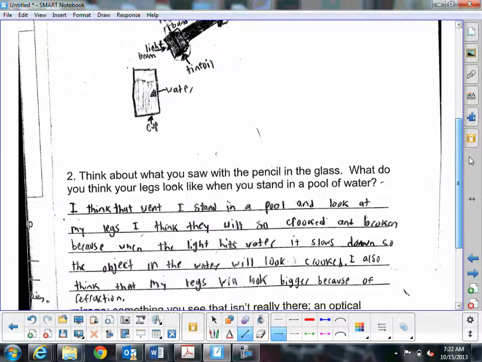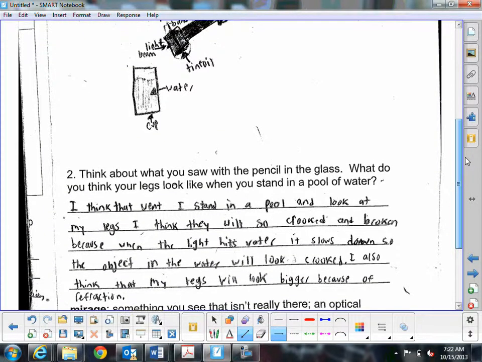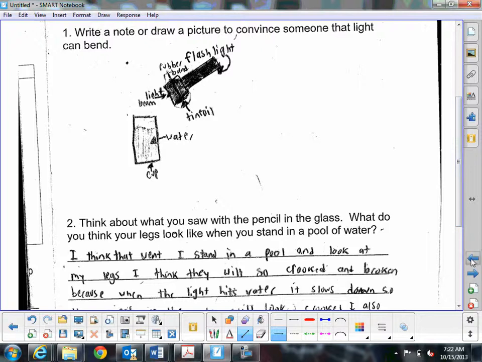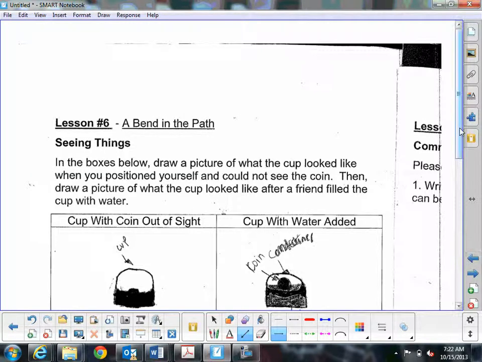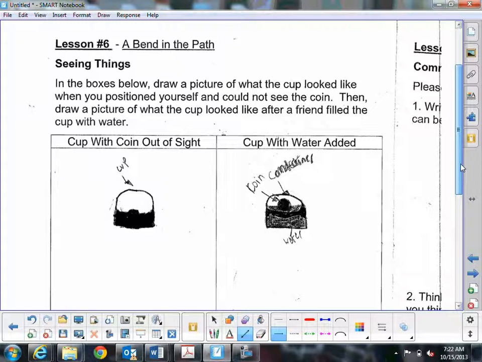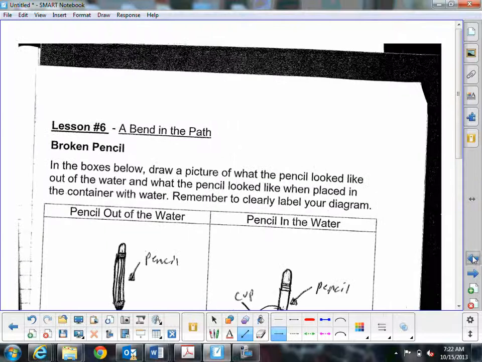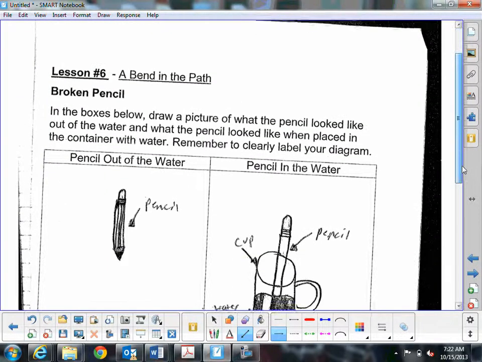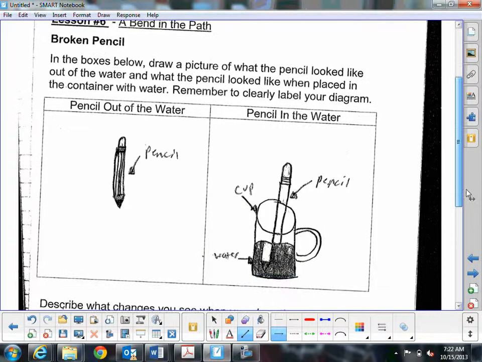So it's traveling through two different mediums, okay? One through air, and then the second time, in both of these experiments with the cup and the pencil and with the penny, through water. And when it hits the water, the light slows down, causing it to bend, and therefore you see this distorted image of the pencil. The pencil looks larger and broken because of it.